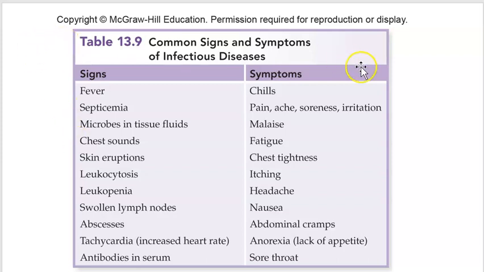When we put the signs and the symptoms together, you can use this to come up with an idea about what's going on, and that's where we can start to group these together and come up with what's known as a syndrome. That's where you take your signs and your symptoms, and those are used to diagnose a specific kind of disease. A really good example is AIDS, acquired immunodeficiency syndrome.